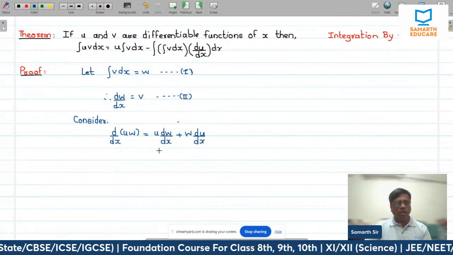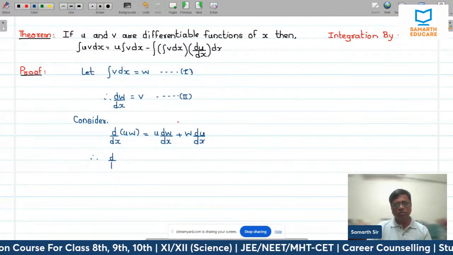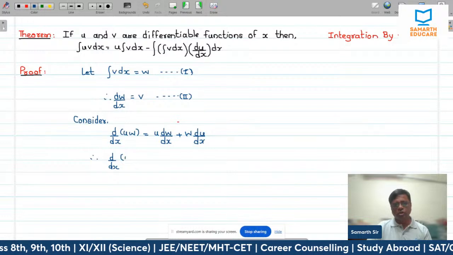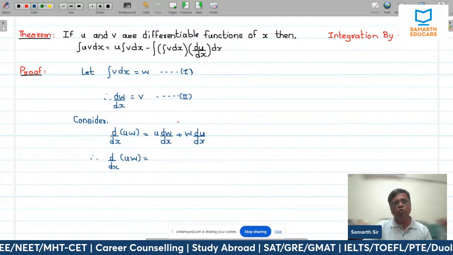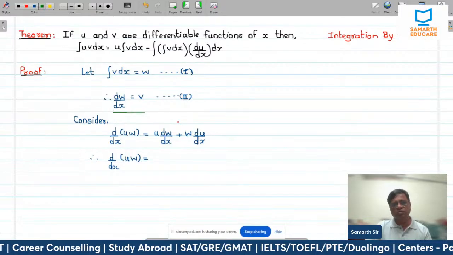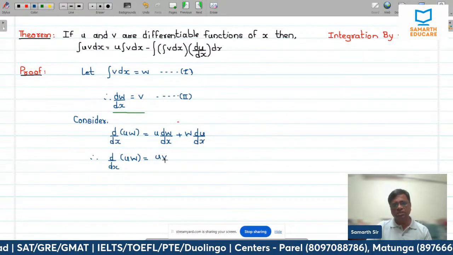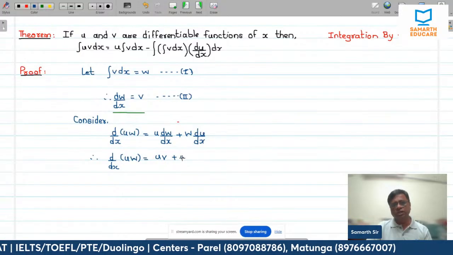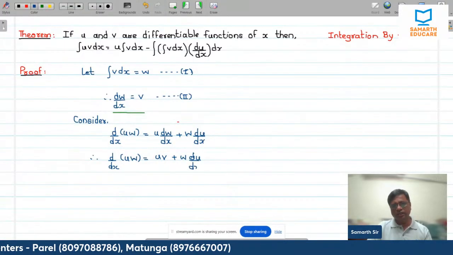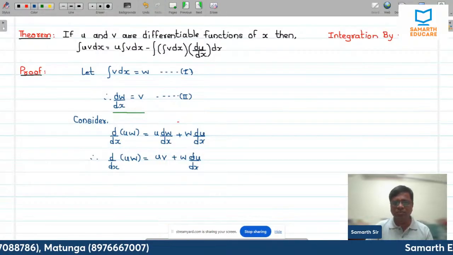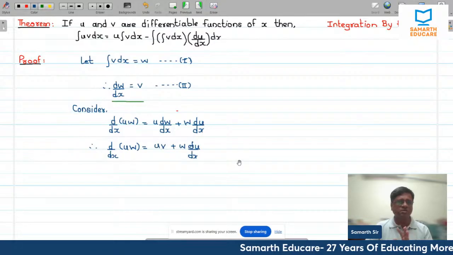Now, as per equation number 2, dw by dx is v, so it is uv plus w into du by dx. We can do everything in one step, but for you to understand better, I'm going step by step.